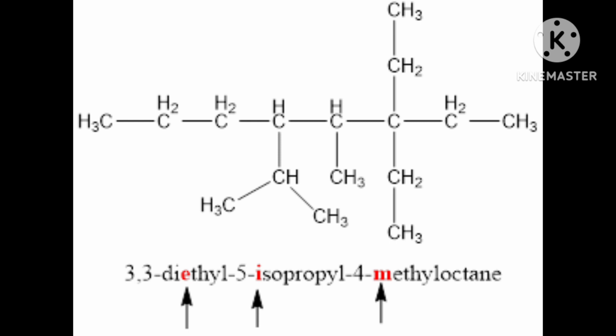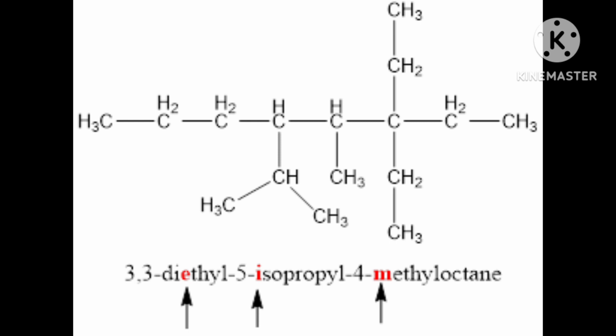Now suppose at carbon number 2 the open valency is there. Then at carbon number 2, you attach the OH group and write the corresponding alcohol in the second column.